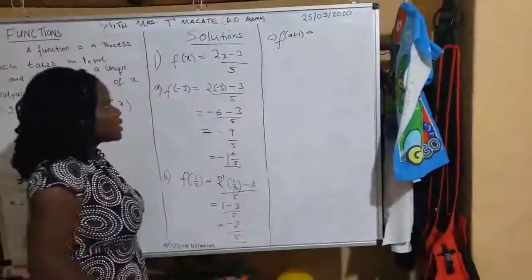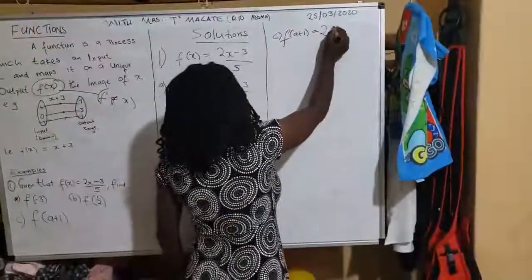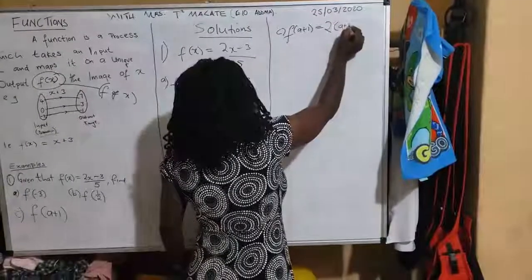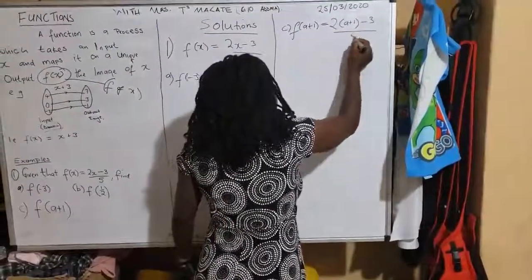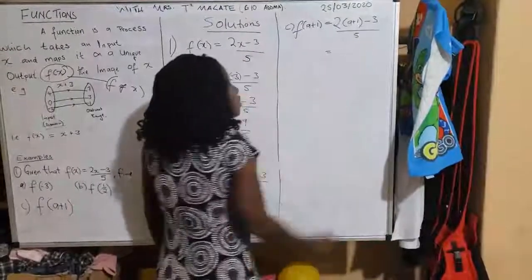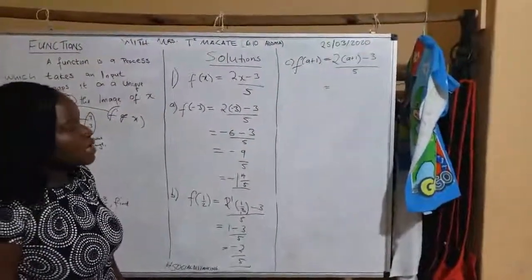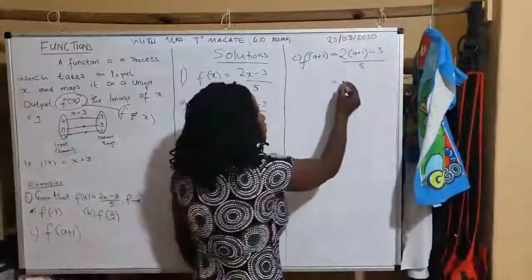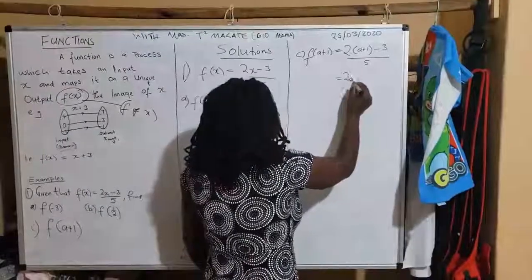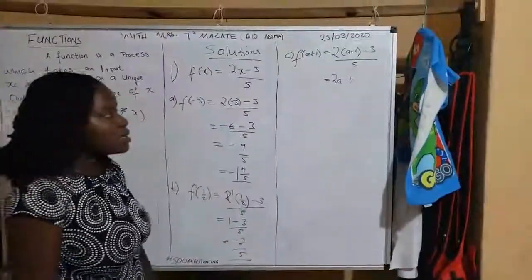So we have 2x, and our x this time is a + 1, so we have (2(a + 1) - 3)/5. We have to open our brackets. 2 times a will give us 2a, plus 2 times 1 is 2.